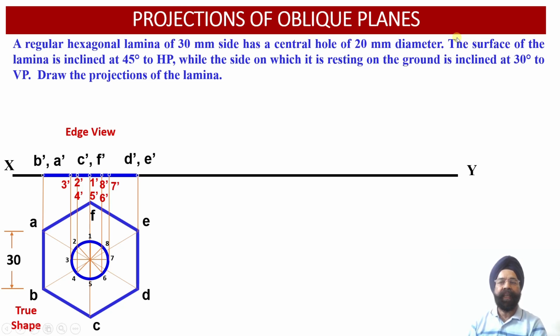Now we know that the surface of this lamina is inclined at an angle of 45 degree with respect to the horizontal plane.